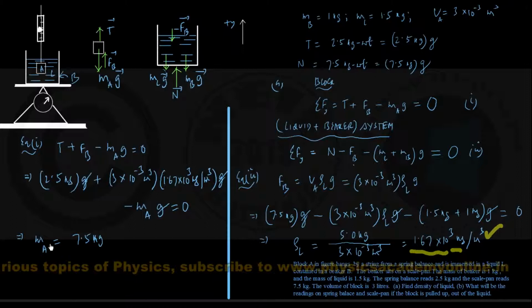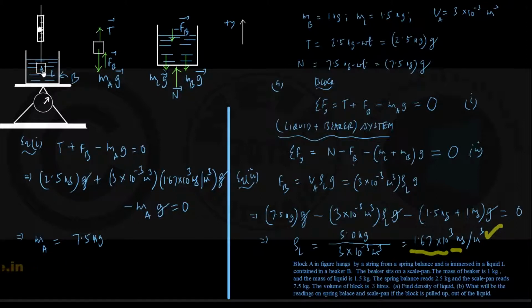Now once you have got the mass of the block, as well as the mass of the beaker and the liquid, which are already known from the beginning of the problem, you understand that as the block is pulled out of the liquid, the moment it is pulled out completely, there is no buoyant force acting on the block, neither is there a reaction to the buoyant force acting on the liquid.